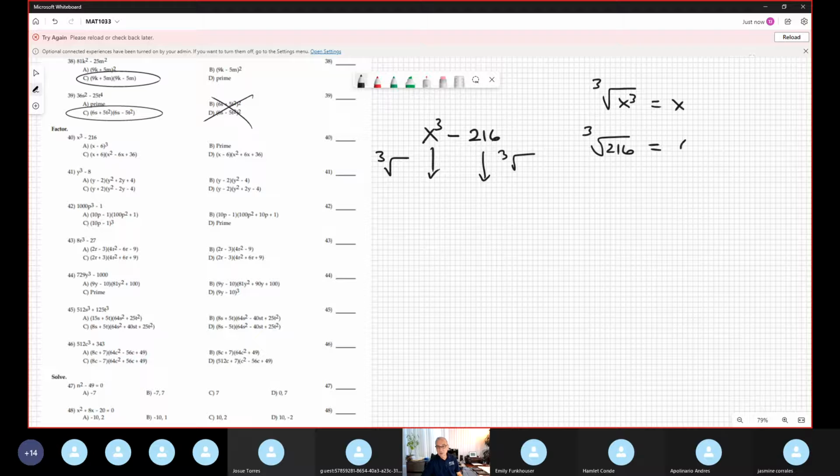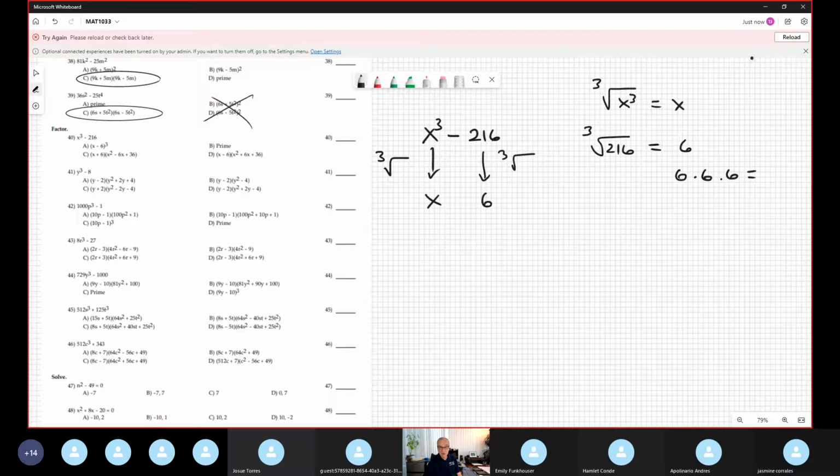It is 6 because I want to double check the power: 6 times 6 is 36, and 36 times 6 again is 216. So my cubic root is x and 6.